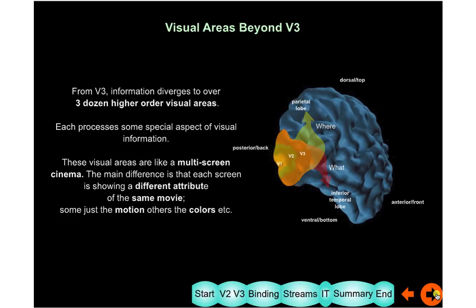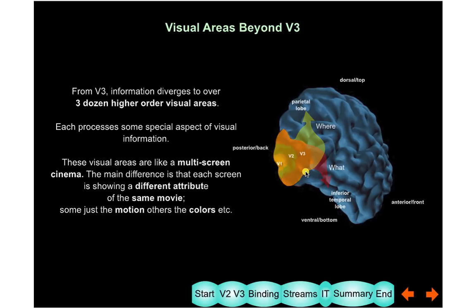Okay. We saw V1 goes to V2 and V2 goes to V3. What happens after that? Well, the brain goes to about 36 and counting areas. Every year there's 3 or 4 more areas found, okay?